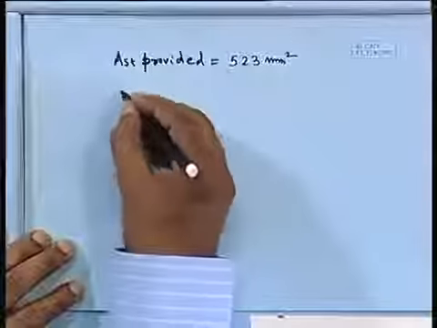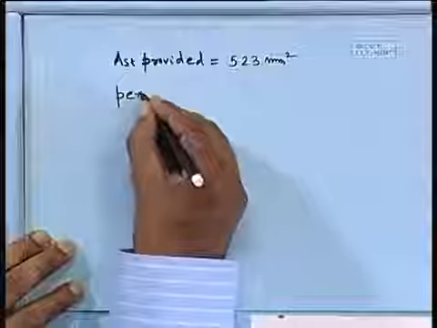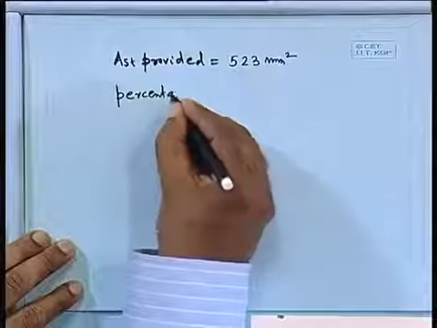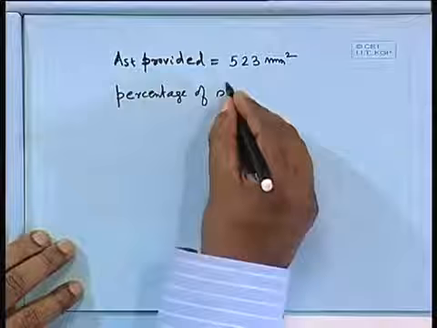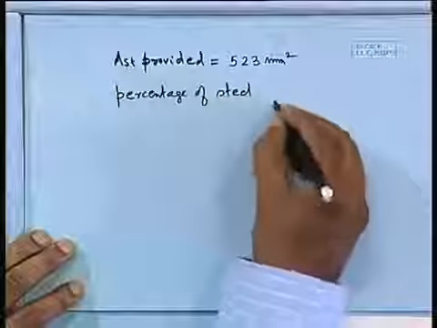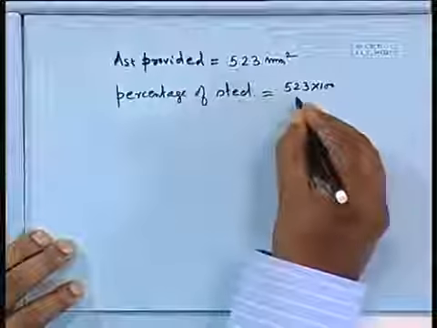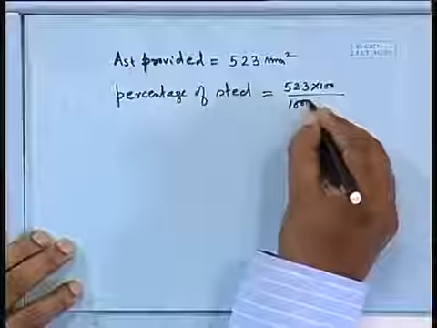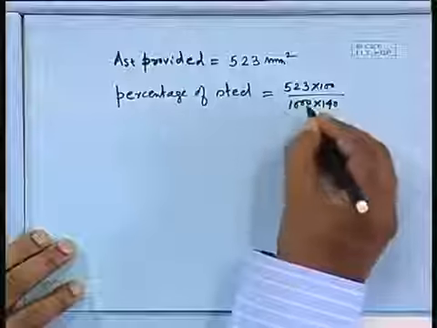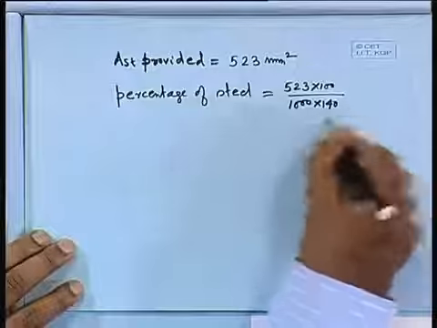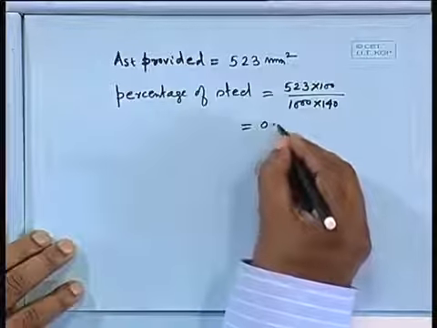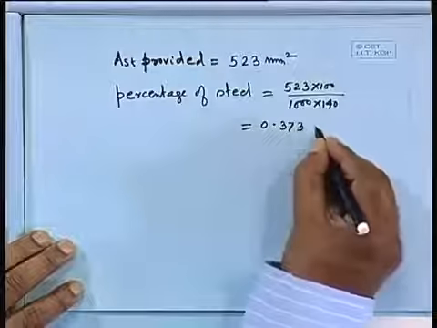So, percentage of steel equals 523 into 100 divided by 1000 times 140. 1000 is the width and 140 is the effective depth, which comes as 0.373%.